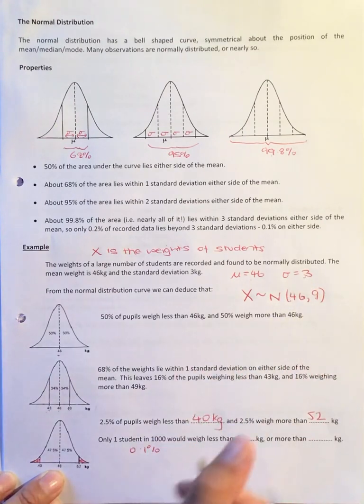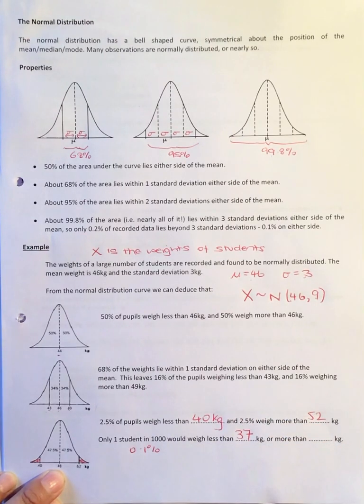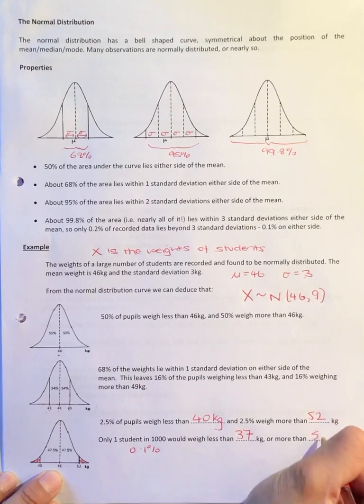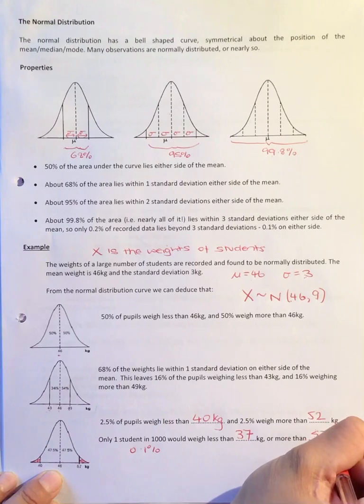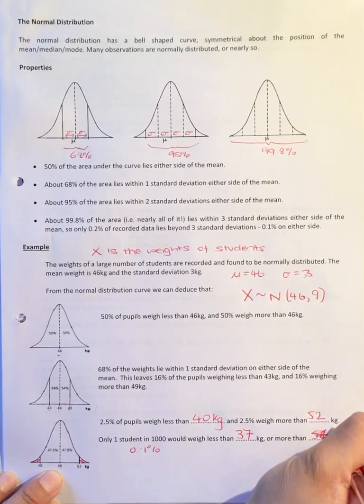So 9 away from 46 would be 37 kilograms, and only 1 in 1,000 would be beyond 3 standard deviations to the right of the mean. So 46 plus 9 would be 57 kilograms. It wouldn't. It would be 55 kilograms.